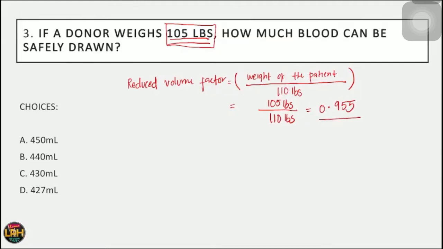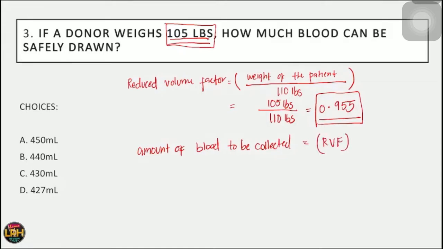So we can now use this value to compute for the amount of blood to be collected and the amount of anticoagulant to be needed. The amount of blood to be collected is the reduced volume factor multiplied by 450 ml.